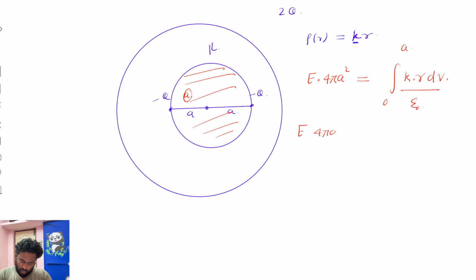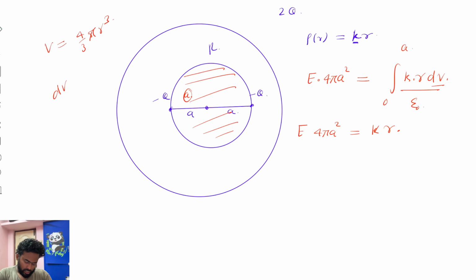So E into 4 pi A square equals the integral of kr times dV. What will dV be? If you take the volume at distance r, it will be 4 by 3 pi r cube.